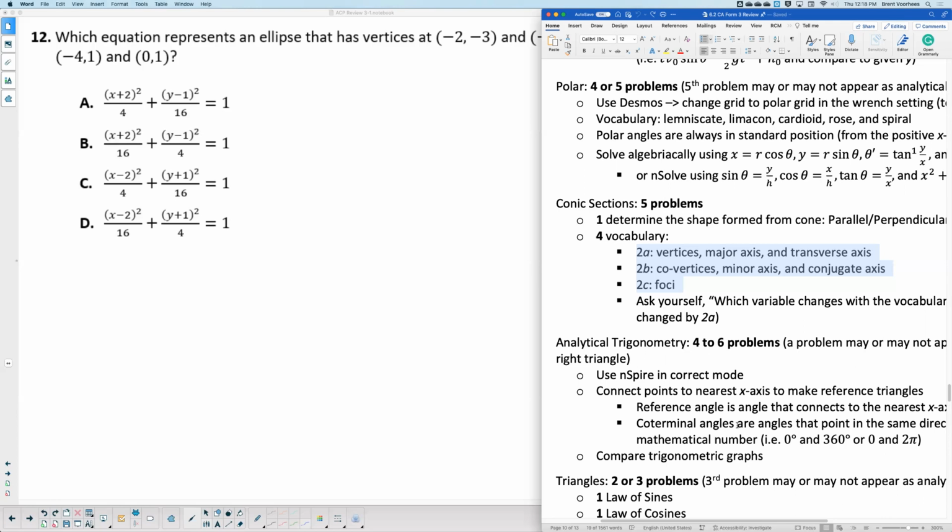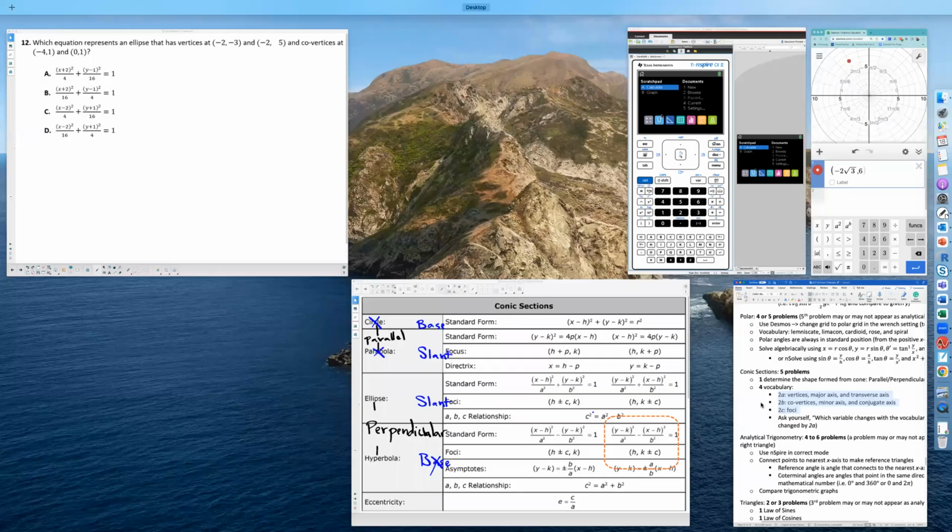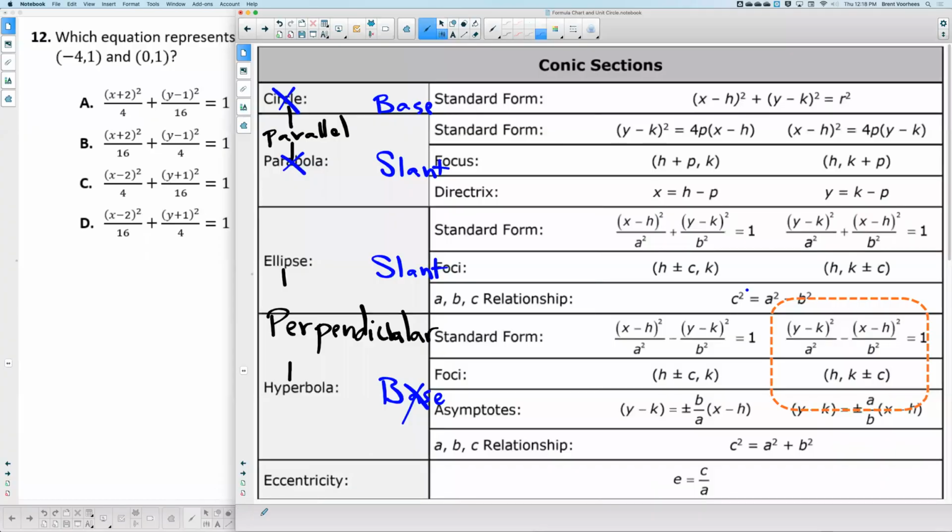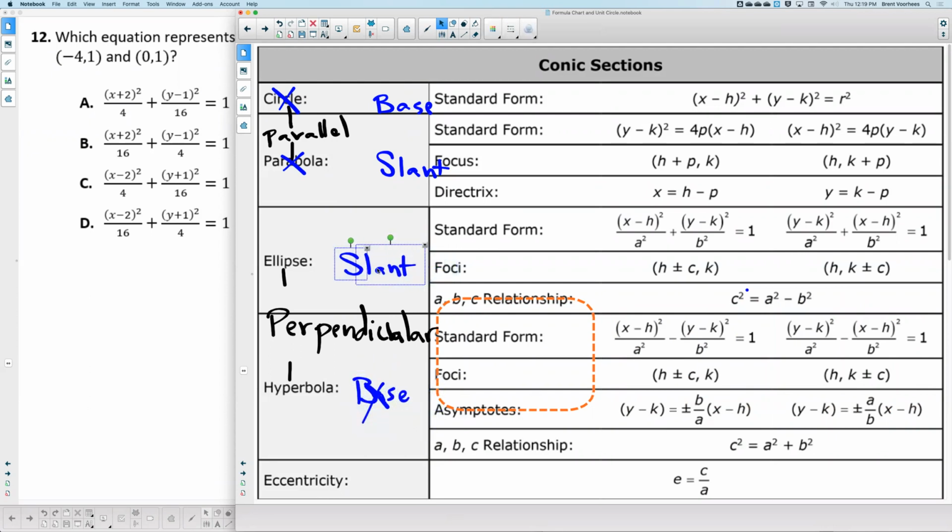2C though is foci. Now I do have a memory technique for that one. It involves the formula chart. If you get stumped, go to the formula chart. Foci, when I come over here, let me slide this over slightly.